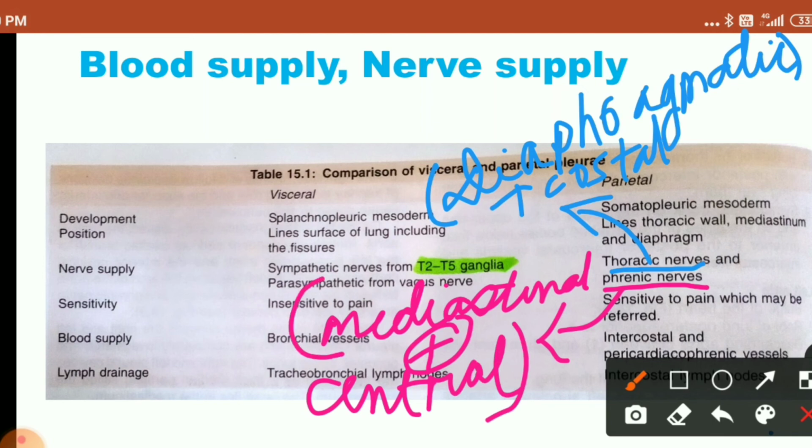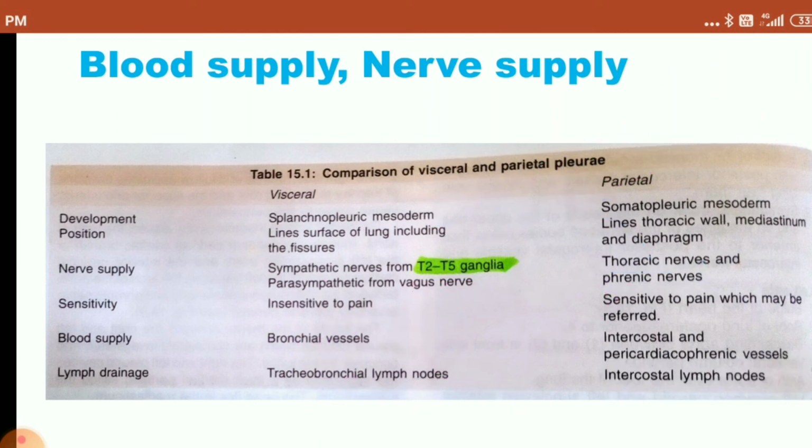And what is the clinical significance here? If the diaphragmatic part or the costal part of this parietal pleura is irritated, then the pain can be sensitized throughout the thoracic wall, and even it radiates to the abdomen. But if the mediastinal and the central part of the diaphragmatic pleura is irritated, then the pain is transmitted even to the shoulders. So this is the most important clinical scenario.